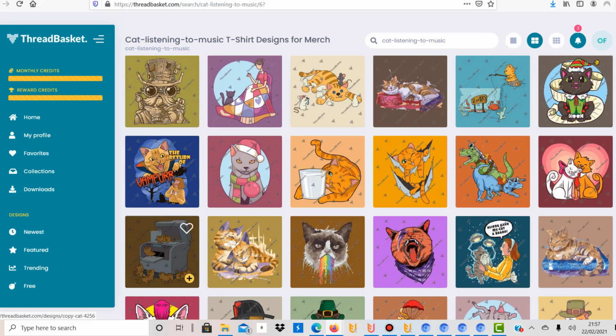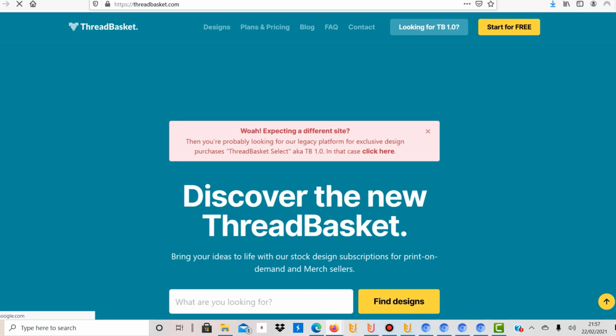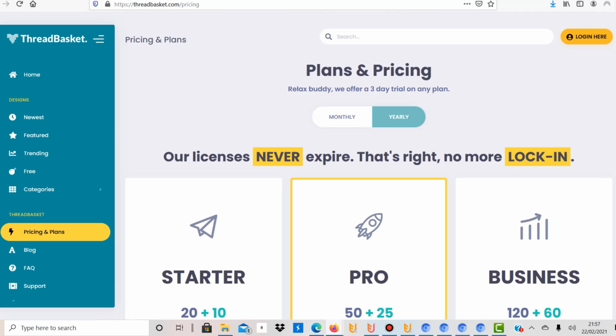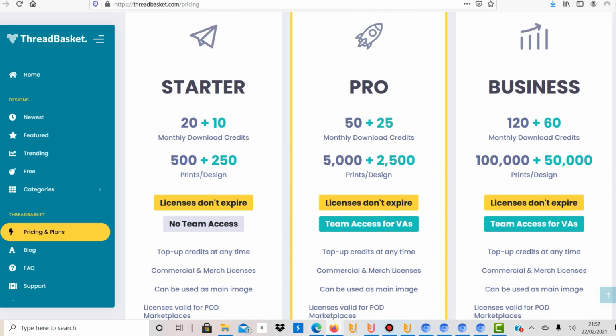Now, there's one more thing. Let's have a look at their pricing model. So I've now logged out, but this is their pricing plan. They say their licenses never expire. And there are 3 different types of subscriptions. The first one is called Starter.